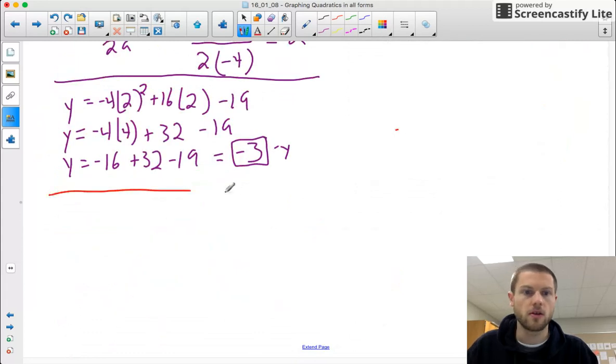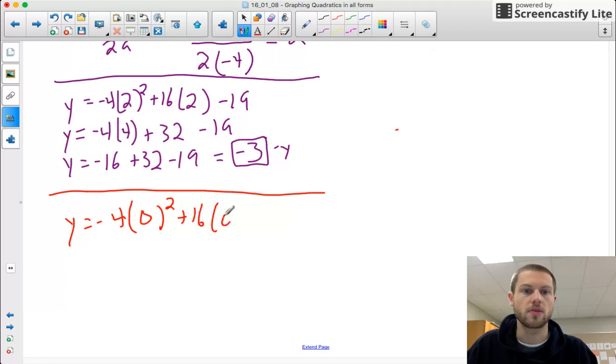And let's see. Y is going to equal -4, and let's start with 0. 0 squared plus 16 times 0 minus 19. 0 is nice because all of these go away. 0 squared times anything goes away. This goes away. And what I'm left with is -19.